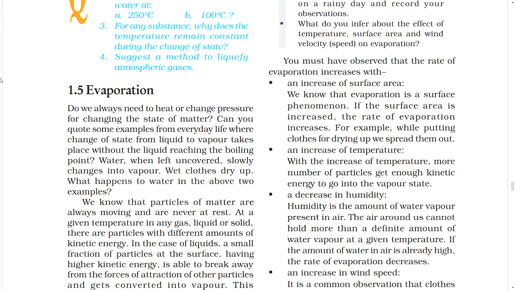We know that particles of matter are always moving and are never at rest. At a given temperature in any gas, liquid or solid, there are particles with different amounts of kinetic energy.